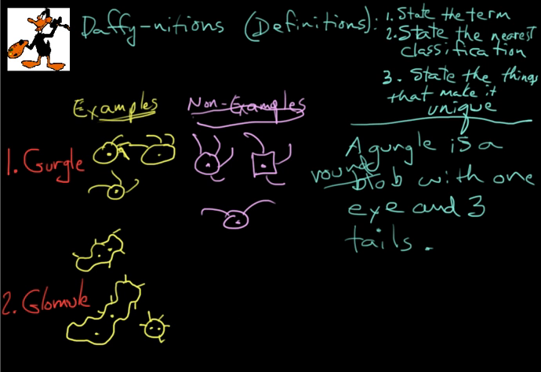Okay, well, what's not a glomule? Let's take a look at what is not a glomule. Well, first of all, this is not a glomule. And that's not a glomule. Looks like a glomule, doesn't it? But it's not a glomule. Okay, here's a not a glomule.